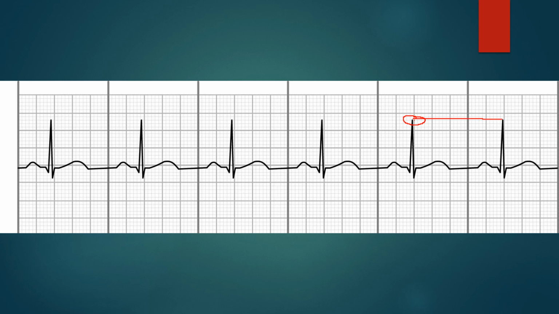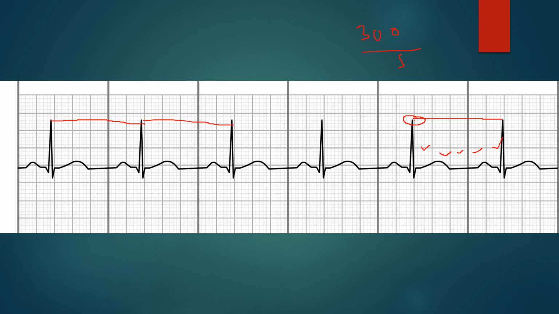Here almost the rhythm is regular, so we can count large squares 1, 2, 3, 4 and 5. Then the heart rate comes out to be 300 divided by 5. It will be 60.